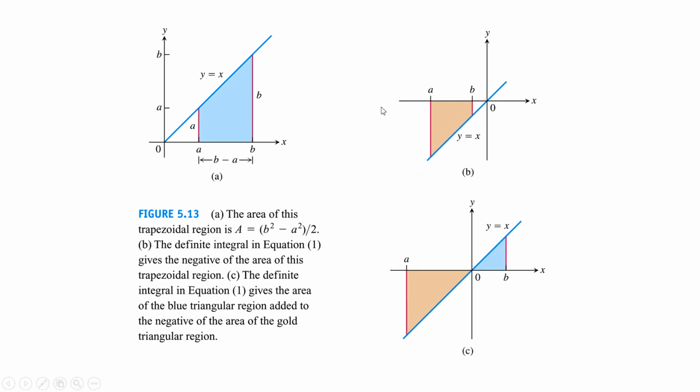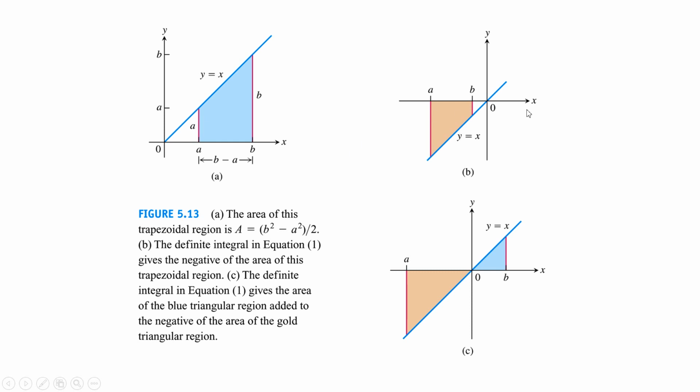Again, there are a few more consequences of this example. A, we have already discussed. B, the definite integral gives the negative of the area of this trapezoidal region. This is figure B, and this is the trapezoidal region, so this is actually the negative of this region. If we have area in negative terms, we have to take the absolute value because area cannot be negative.